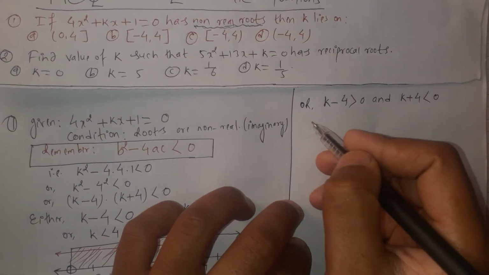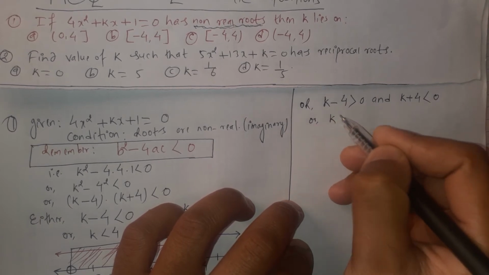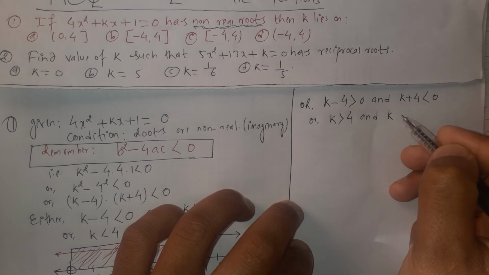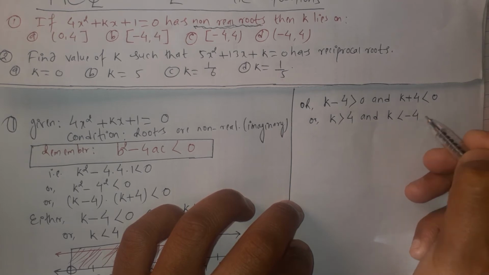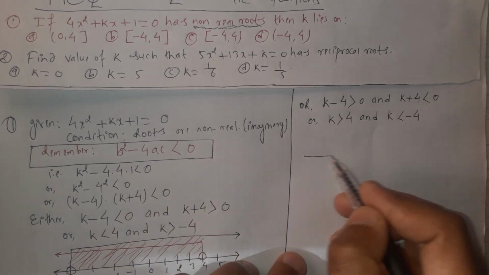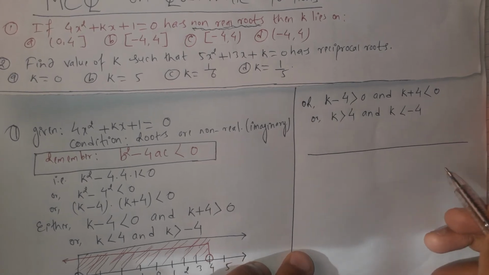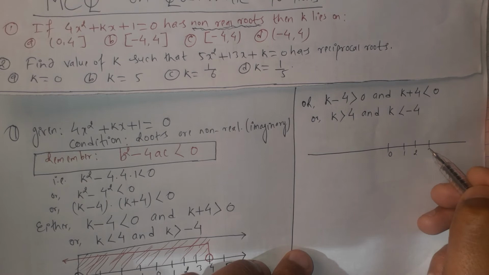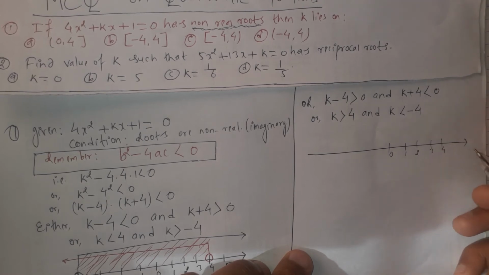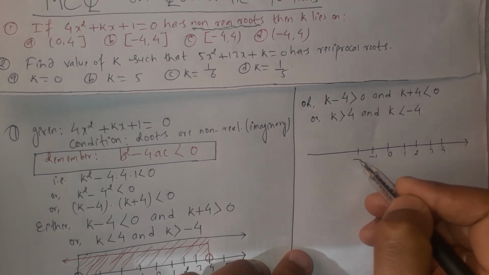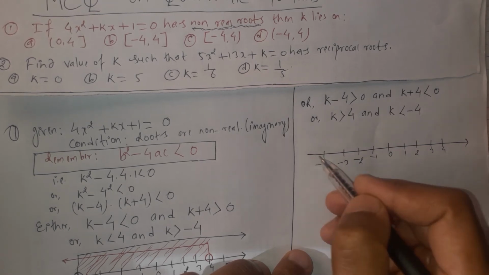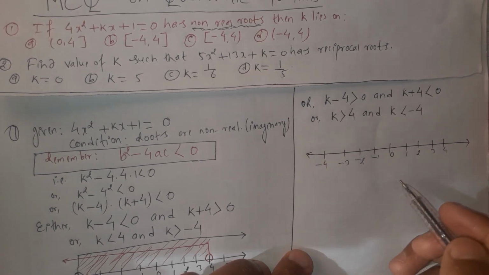This can be written as k greater than 4 and k less than negative 4. Now making the number line: 0, 1, 2, 3, 4 and so on, negative 1, negative 2, negative 3 and negative 4 and so on.